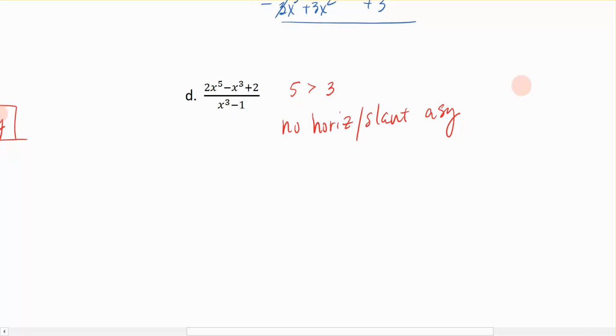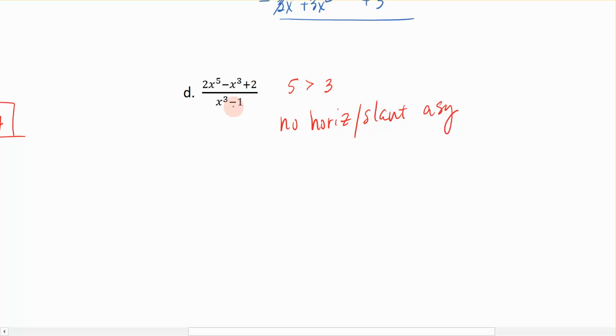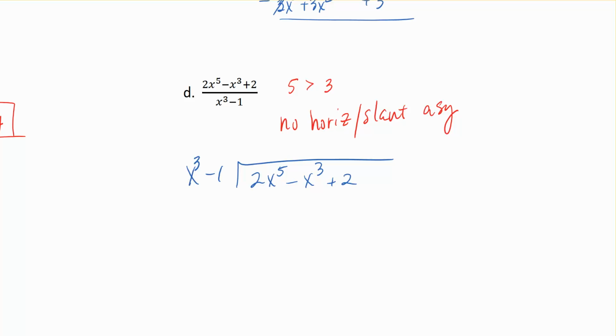Actually, what's occurring is, let me just take this for a second and let's do long division on it really quick. x cubed minus 1, and then 2x to the 5th minus x cubed plus 2. Remember, when we do long division, we say, well, what do I multiply this by to turn it into this? That would be 2x squared, and I'm going to stop you right there. Because if I come up with a function that has a squared term in it like this, remember that's a quadratic, right? That's a curve.